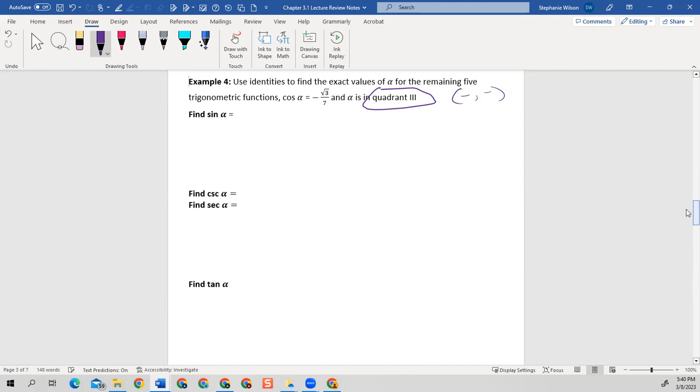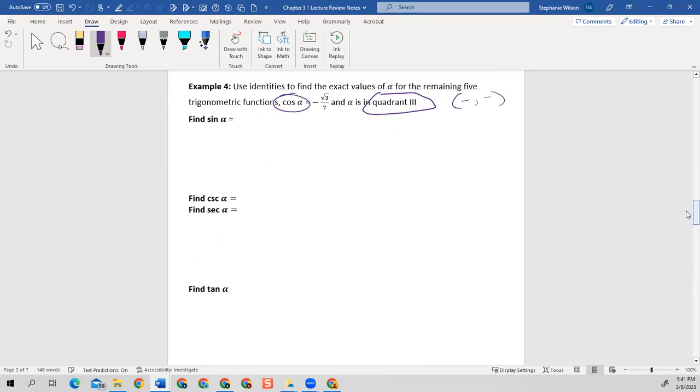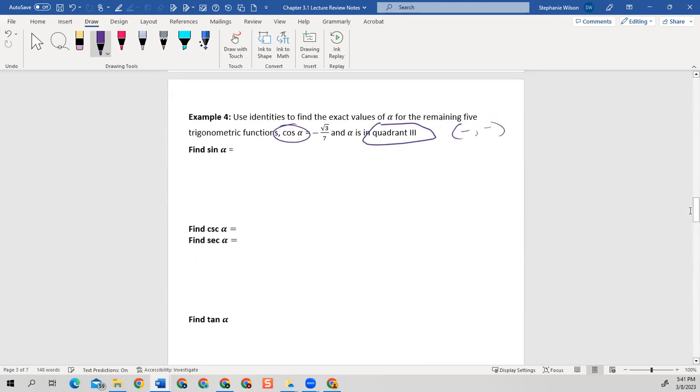I'm going to work on finding the sine of alpha first. So what do we know? We were given cosine. So what I can do is use the Pythagorean identity, where we have, let me write it up here, sine squared alpha plus cosine squared alpha is equal to 1.